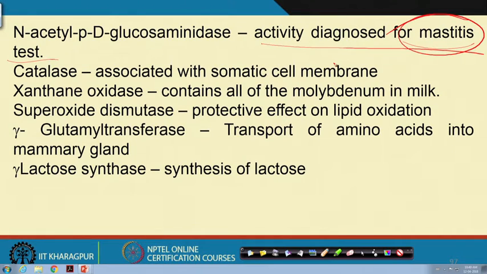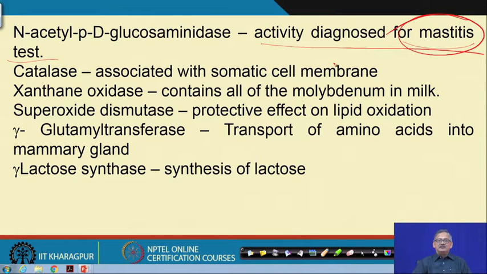It is the infection of the udder. That infection of the udder can be identified by the presence of this N-acetyl PD glucosaminidase, right.